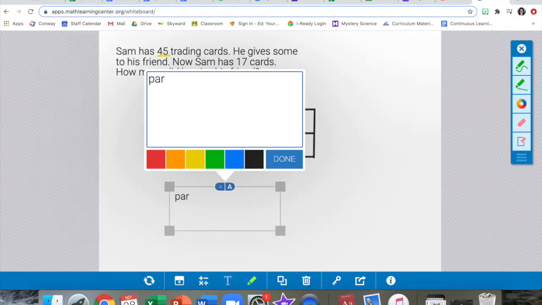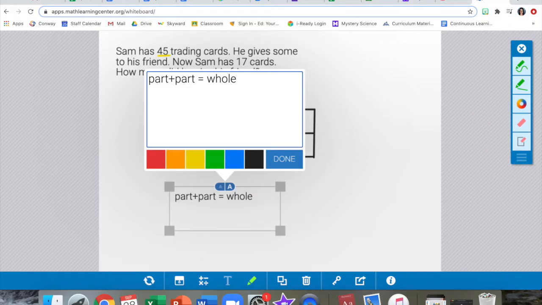So let's actually make a fact family with it. We could have part plus part equals whole. That's a double fact, I could flip it, but it would still be part plus part equals whole.